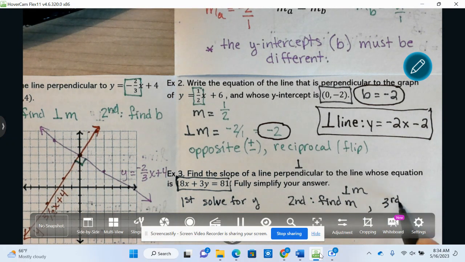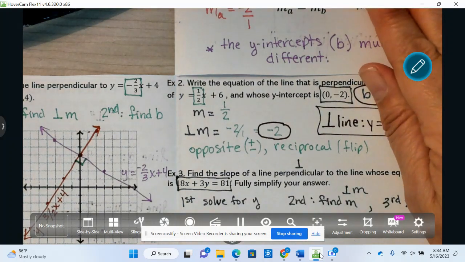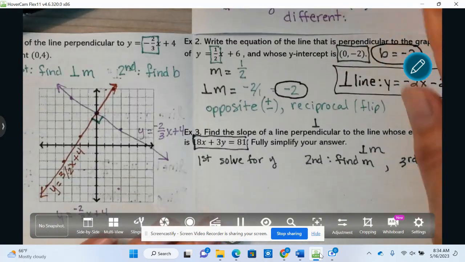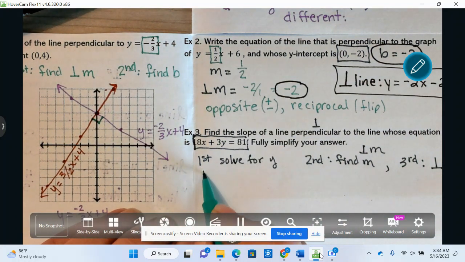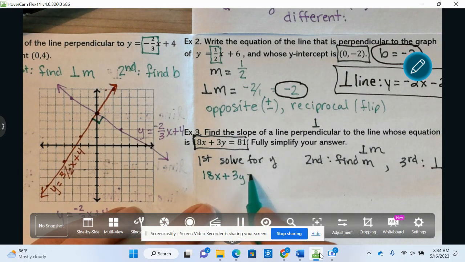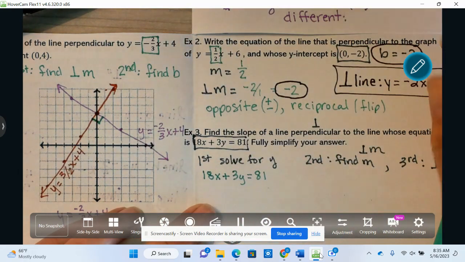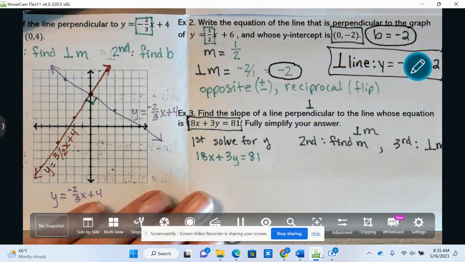And third, turn that slope into a perpendicular slope. That is what we're doing. Okay. So we have to solve for y. I have 18x plus 3y equals 81. I'm trying to get y all by itself.